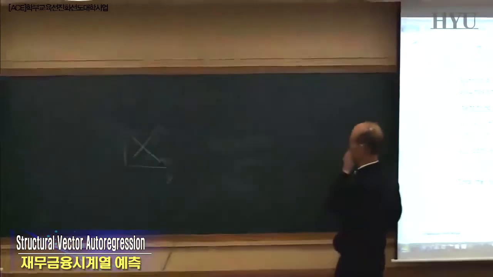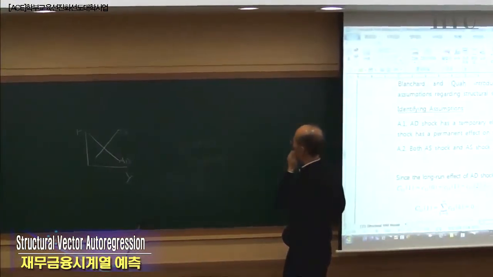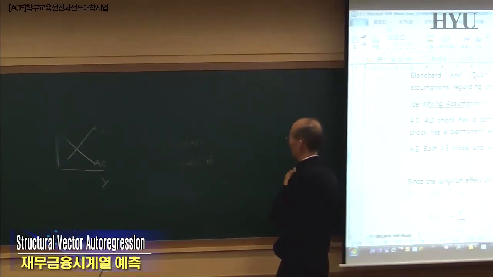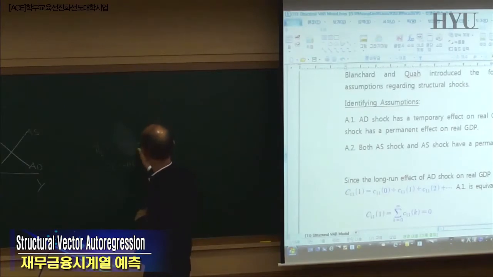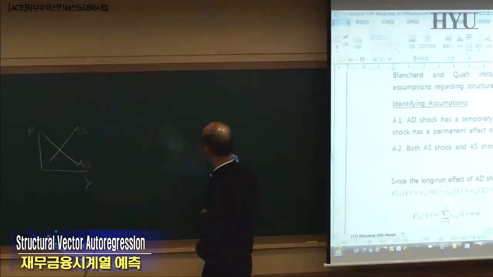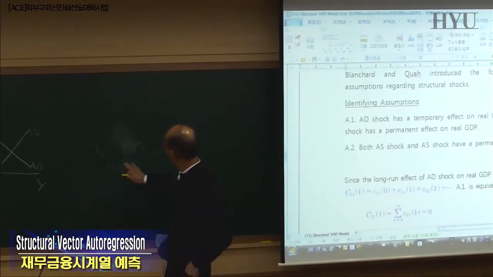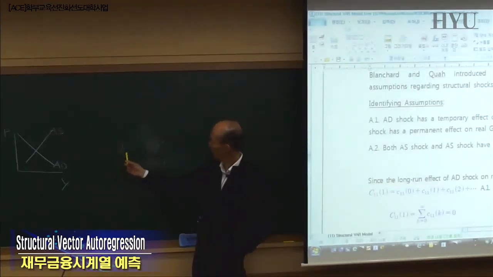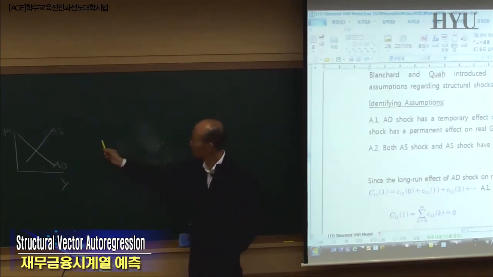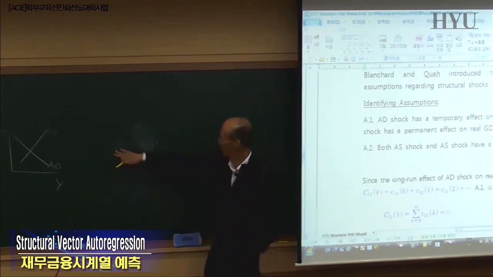Let's see. Usually, if y follows an autoregressive process, then as long as it is stationary, we can divide this polynomial on both sides, right?